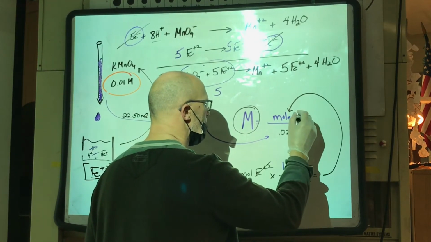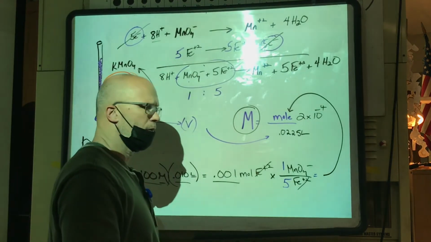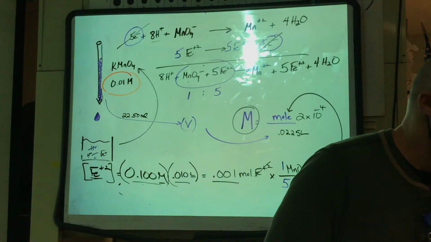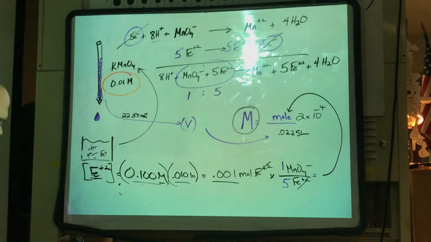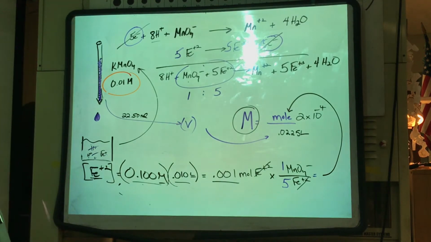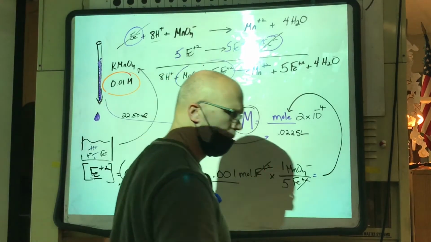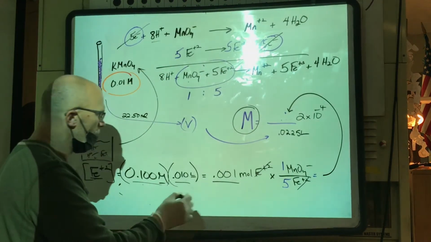Is that 2 times 10 to the negative 4? I believe so. 0.001 divided by 5 is 2 times 10 to the negative 4, which is 0.0002. That's the moles of your permanganate. You found the moles of Fe.